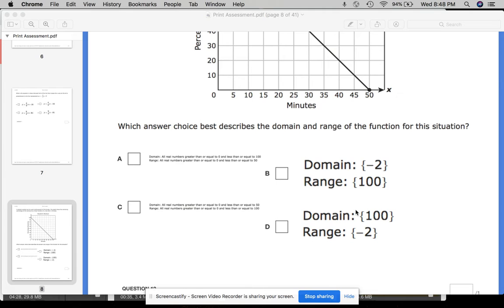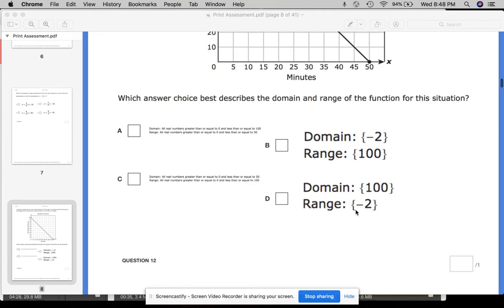C, domain, all real numbers greater than or equal to 0 and less than or equal to 50. Range, all real numbers greater than or equal to 0 and less than or equal to 100. D, domain, {100}. Range, {-2}.